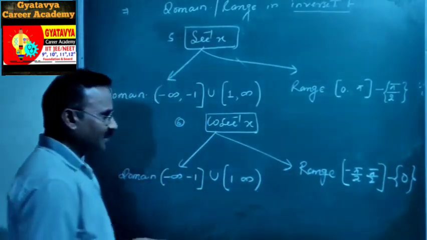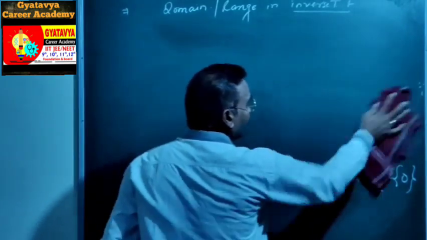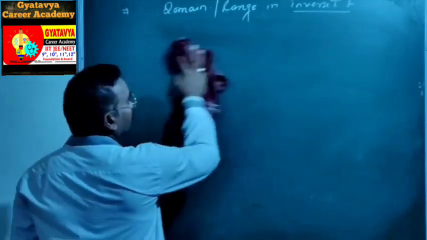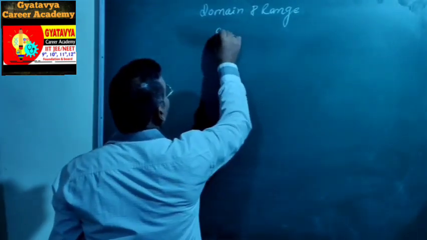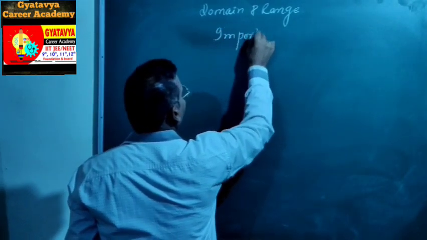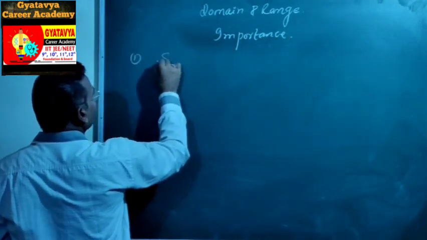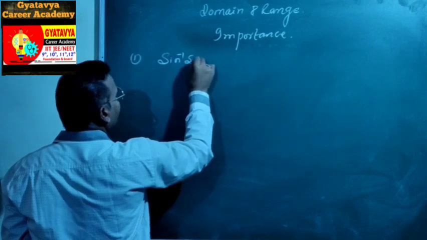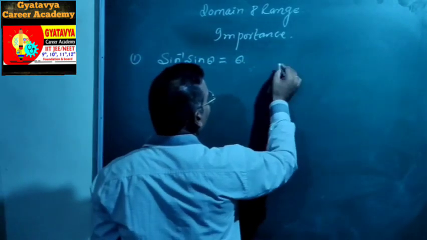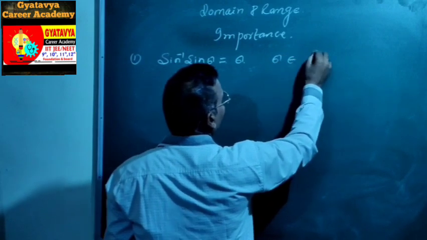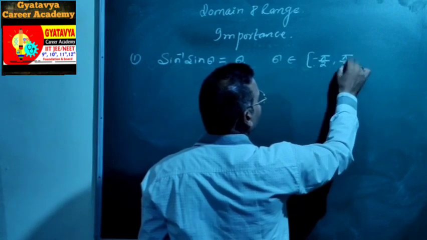And what is the importance of these formulas, these identities, I will tell. So now the importance. First, sin inverse sin theta is equal to theta if theta belongs to minus pi by 2 to plus pi by 2.